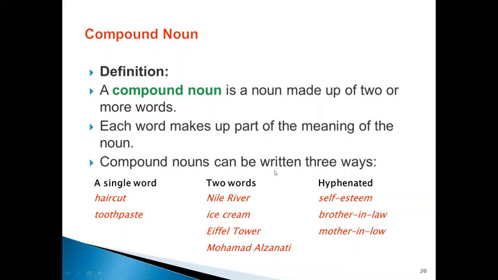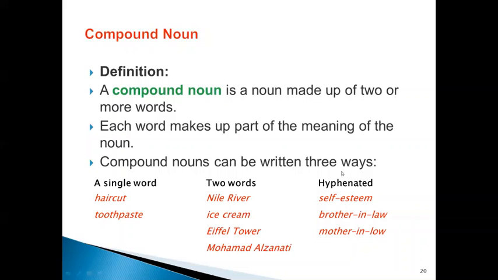As two words, with a space between them: Nile River, ice cream, Eiffel Tower. Think of the space. Here it is important, such type of two words together.